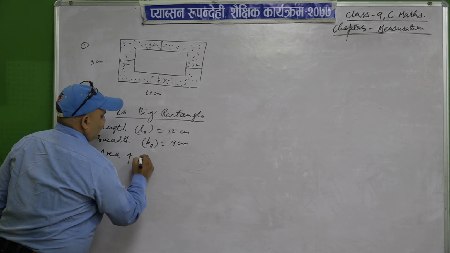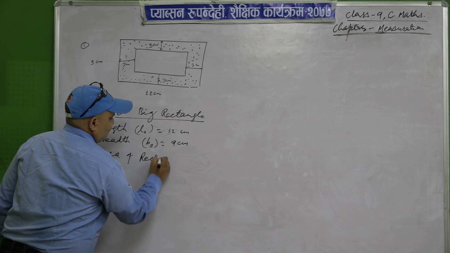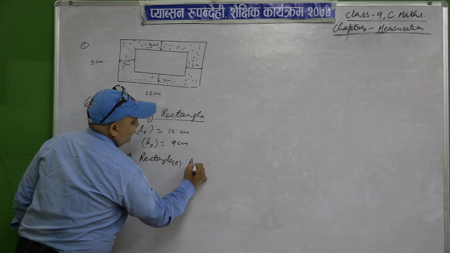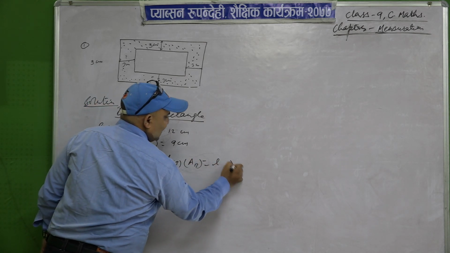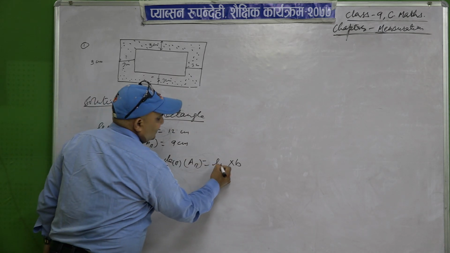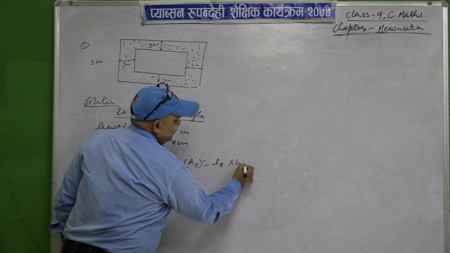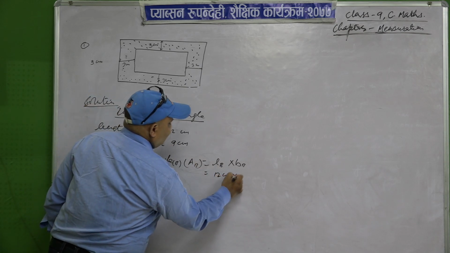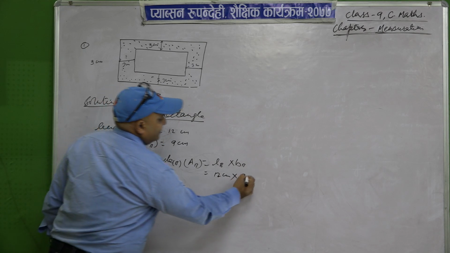Therefore, area of the big rectangle, A_B, is L into B, length into breadth. L_B is 12 centimeter into breadth 9 centimeter.